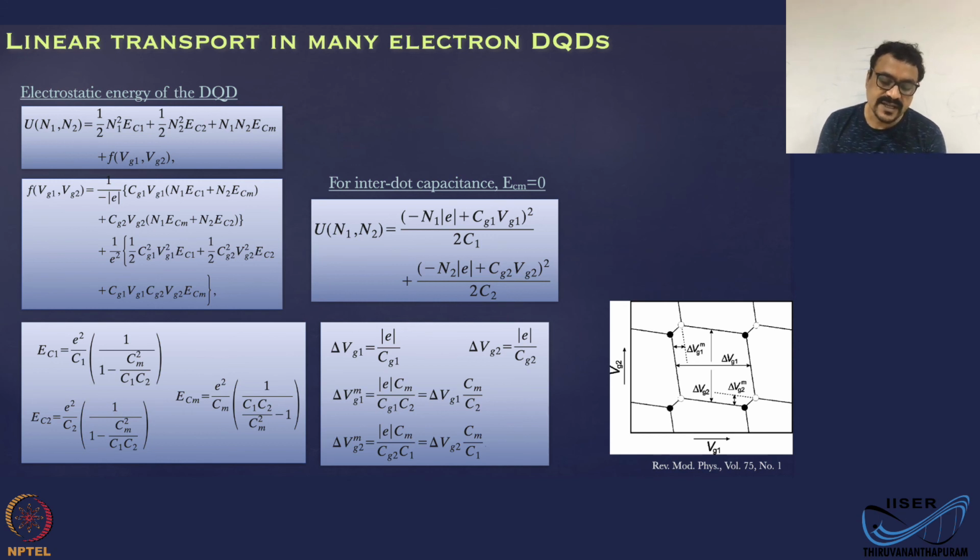So the electrostatic energy of the whole system, the whole double dot, is given by this, where you have n1 electrons on dot 1, so n1 square EC1 will be the charging energy or electrostatic energy of the dot when you have n1 electrons on dot 1.